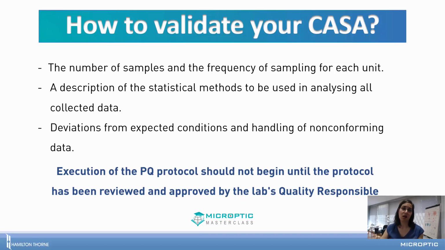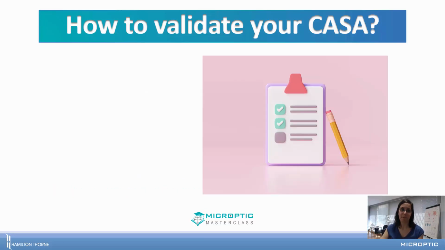Once everything is well defined, this protocol should be checked by your quality manager or the quality responsible for the validation. You should never carry on with the testing with real samples if this protocol has not been previously accepted by the quality responsible.